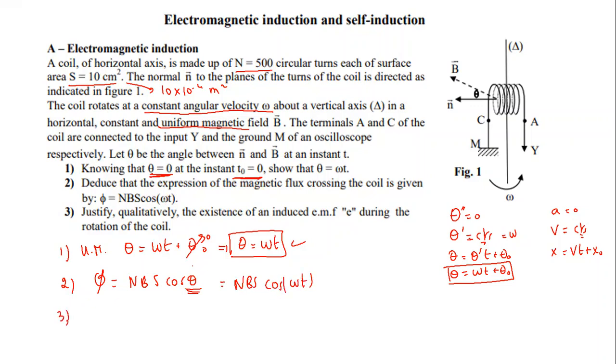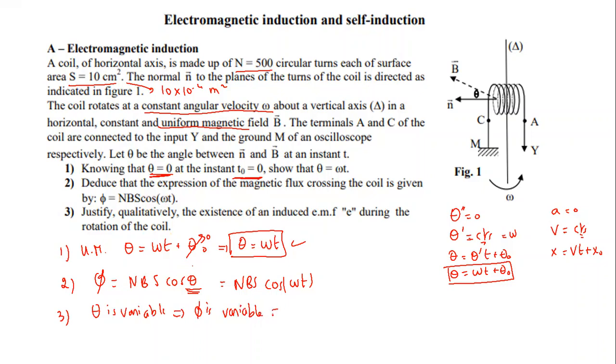Part 3, justify qualitatively only the existence of an induced electromotive force. In order to have an induced electromotive force, I must have the electromagnetic induction phenomenon. This means I must have one variable. Here, the variable is theta, so I can say that theta is variable, since it depends on the time, which means that phi is variable.